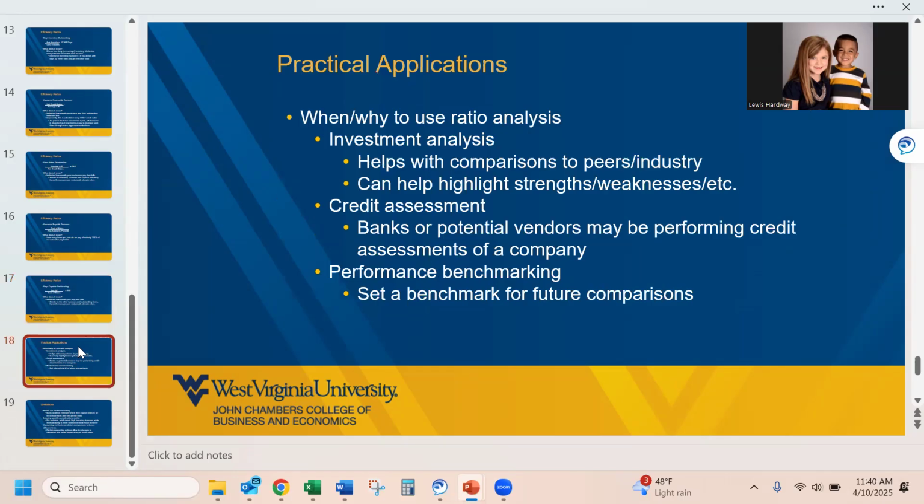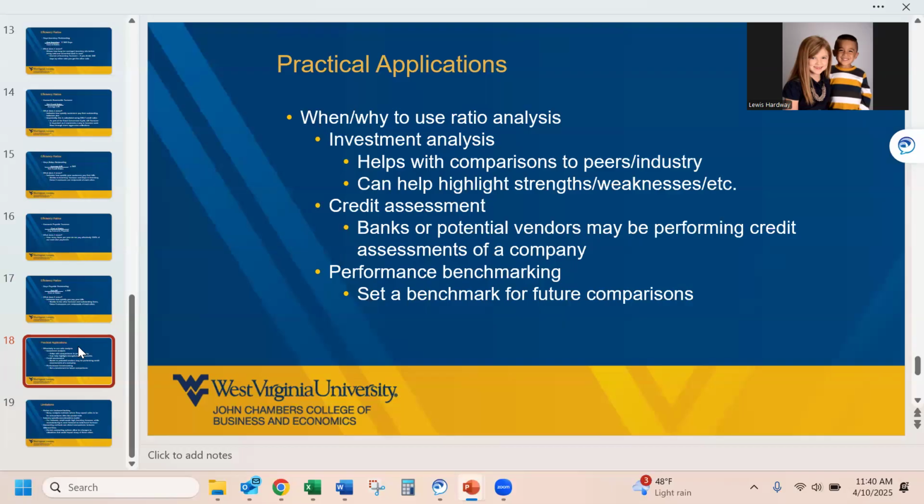So why do we use it? The three things I called out, first, investment. With this, I'm thinking of analysts, or someone in a treasury function, looking at investments for a company.